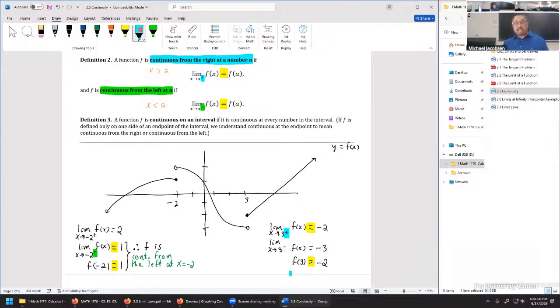The limit only comes equal to the function value when we look into the right-hand limit. So from here to here, we can say that f, let's say therefore, f is continuous from the right at x equals 3.